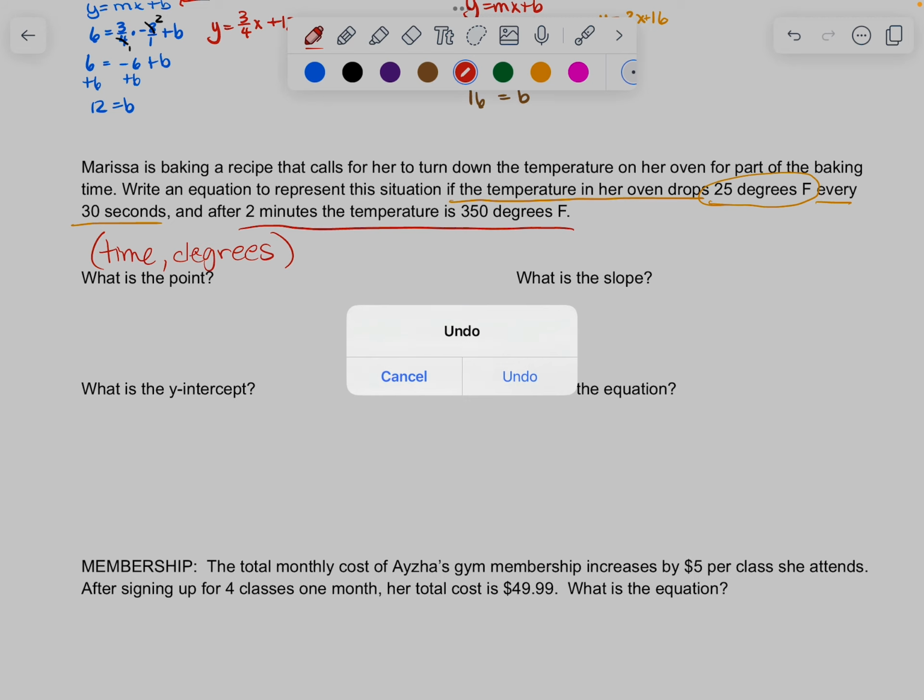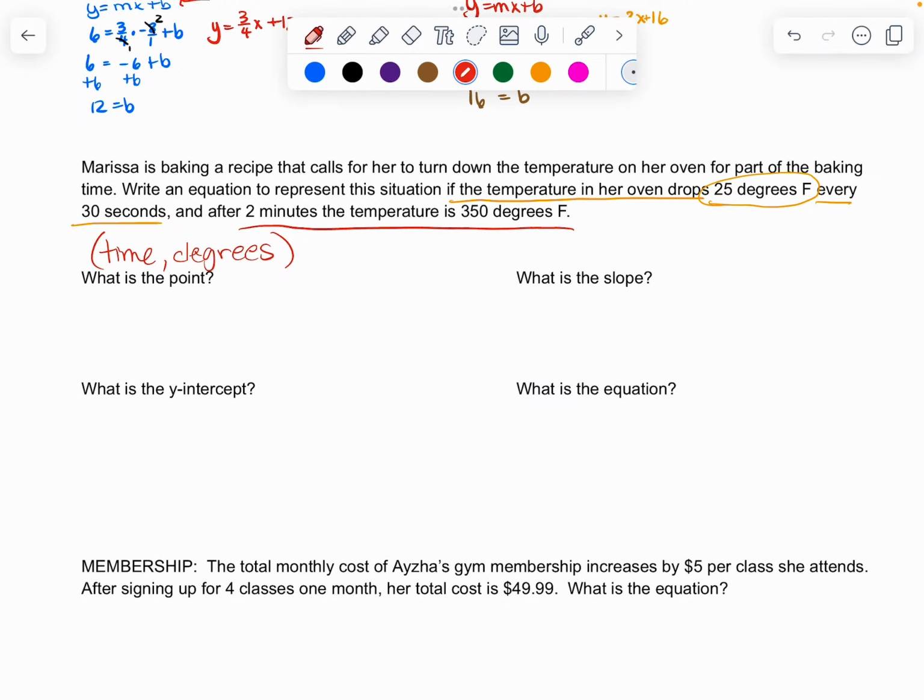See if you can figure out what the point is and what the slope is. Okay, so the point is going to be 2 minutes and 350 degrees.